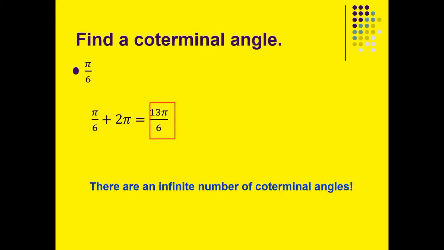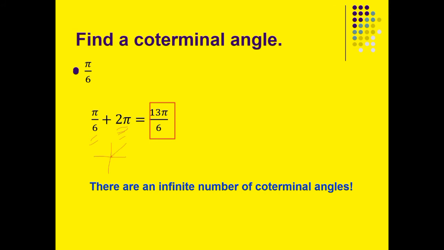Okay, find the coterminal angle of pi over 6. Pi over 6 is just the same as 13 pi over 6. Why? Because as you can see, pi over 6 and 2 pi, where the 2 pi is one complete revolution, considering this one is our pi over 6.